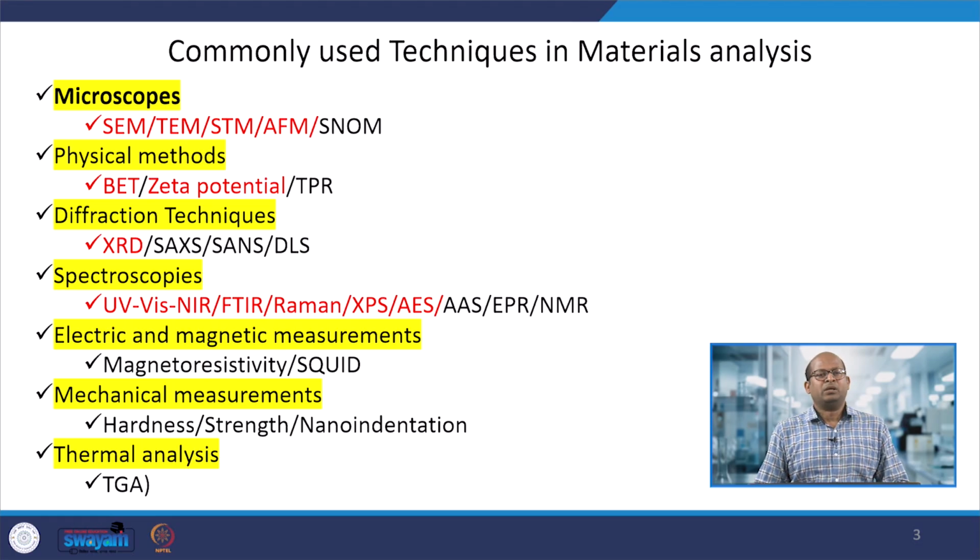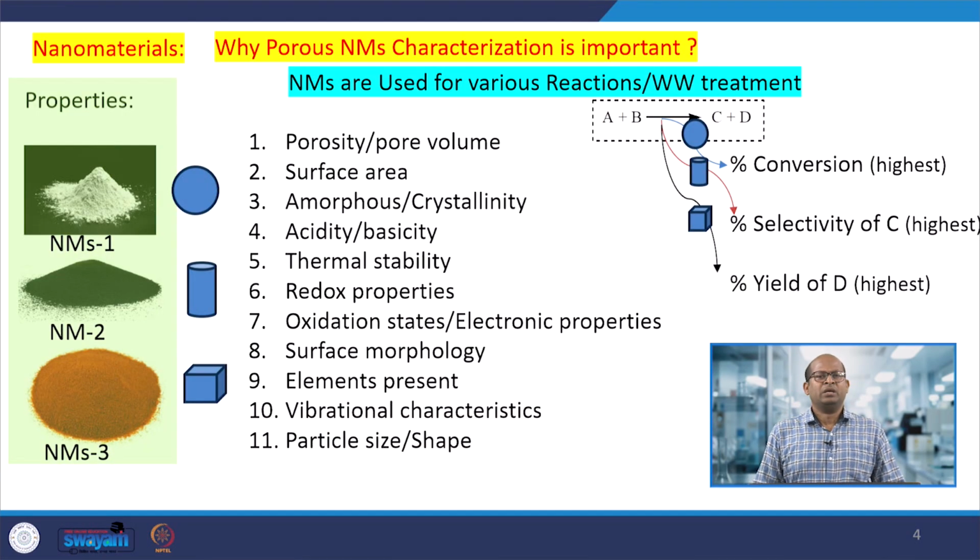Mechanical measurements, hardness and strength, can also be characterized, and thermal analysis such as TGA is also available.